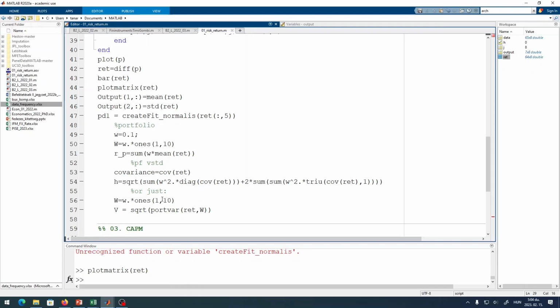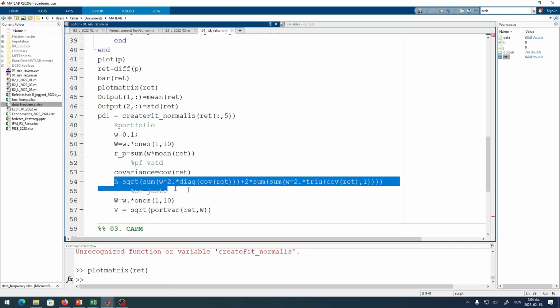We can create a well-diversified portfolio as well, but the transaction cost will be so high due to the frequent revaluation of the portfolio that at the end of the day it will be completely useless. So yeah, this is sad.